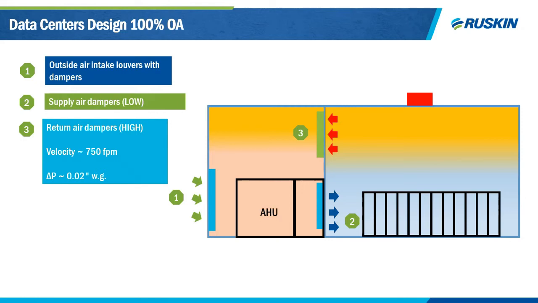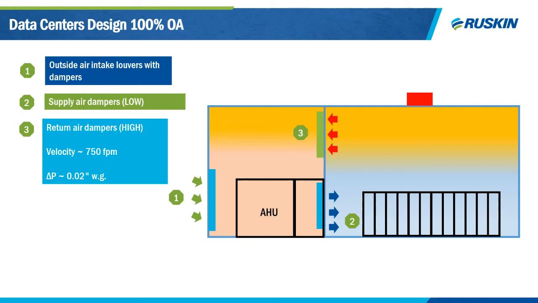Now, the one thing to consider on that is basically that return is going to be closed when you're doing 100% outside air side economizer. But let's say you're doing 10% outside air, that return is going to be maybe open 80%, 85%, bringing the return back.